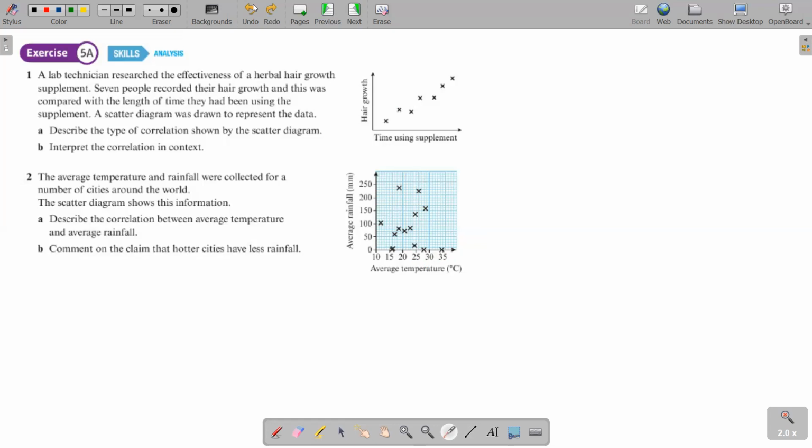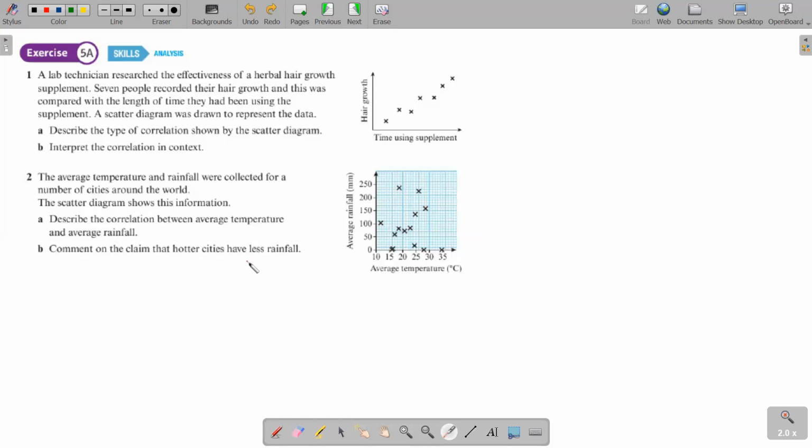It tells you that there is no correlation, because one point is up, another point is down, and it's changing so rapidly. There's no way you can say it has a linear relationship. Then you have to say here there is no correlation.